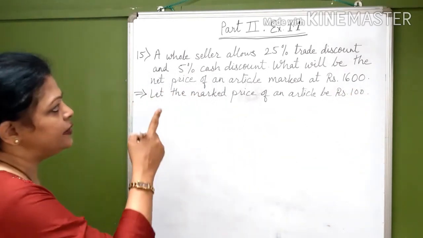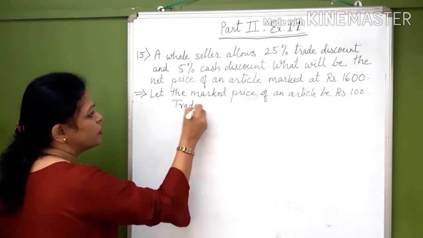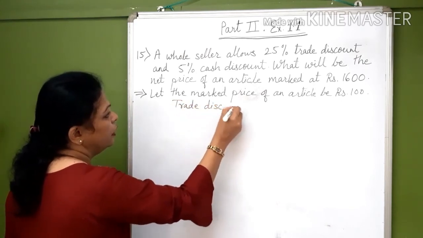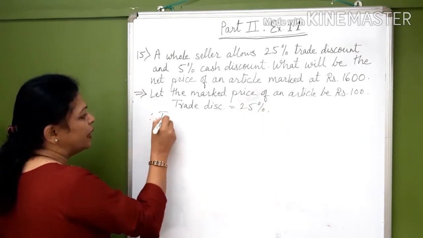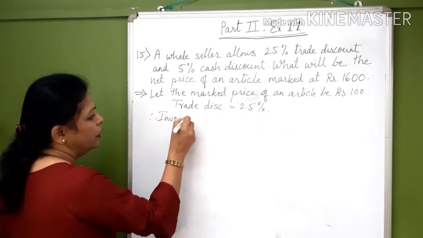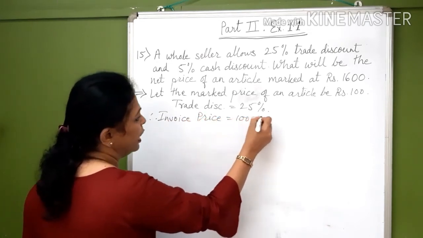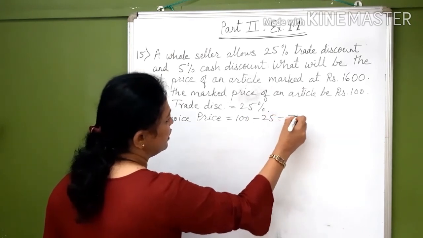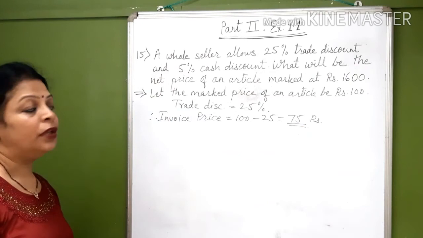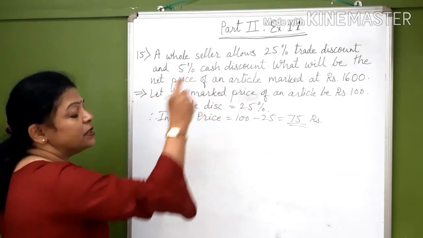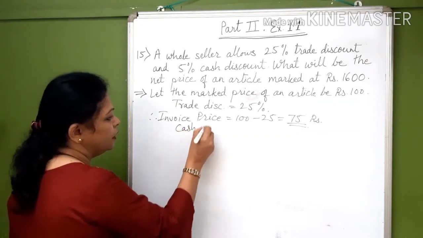Correct? Now on this he gives 25% trade discount. So trade discount is 25%. That means what will be the invoice price? Invoice price will be 100 minus 25, that is 75 rupees. Correct? Now on this he is giving 5% cash discount. So cash discount is 5%.